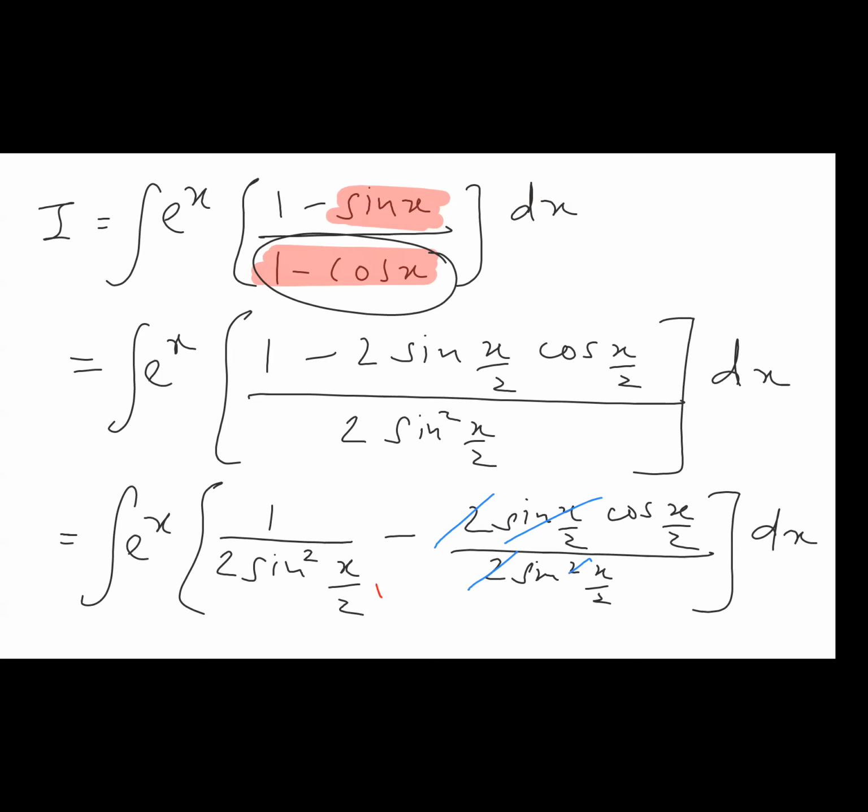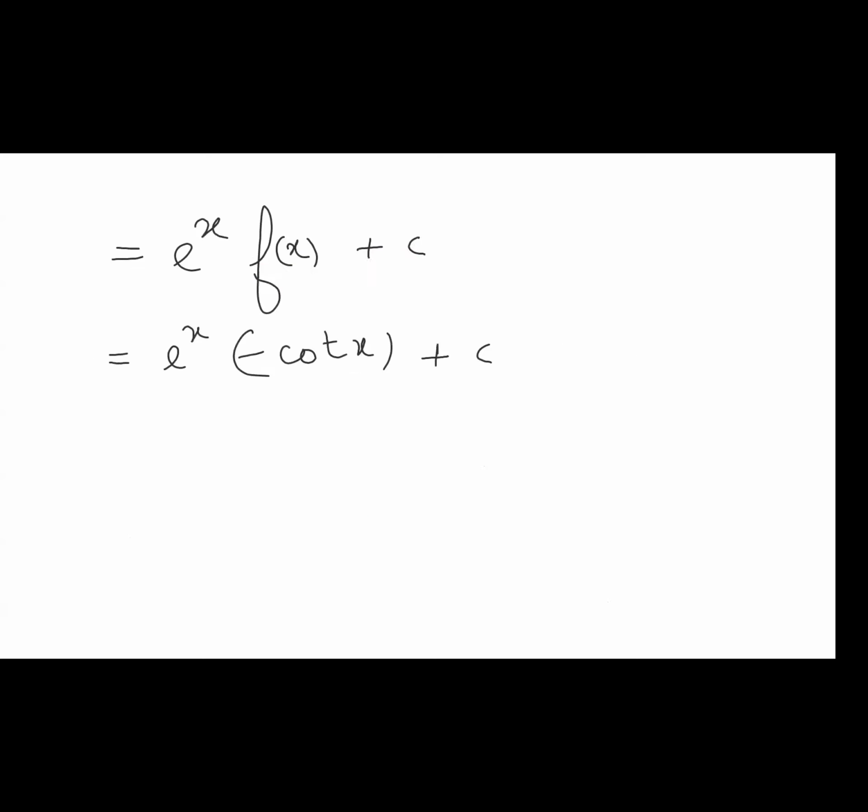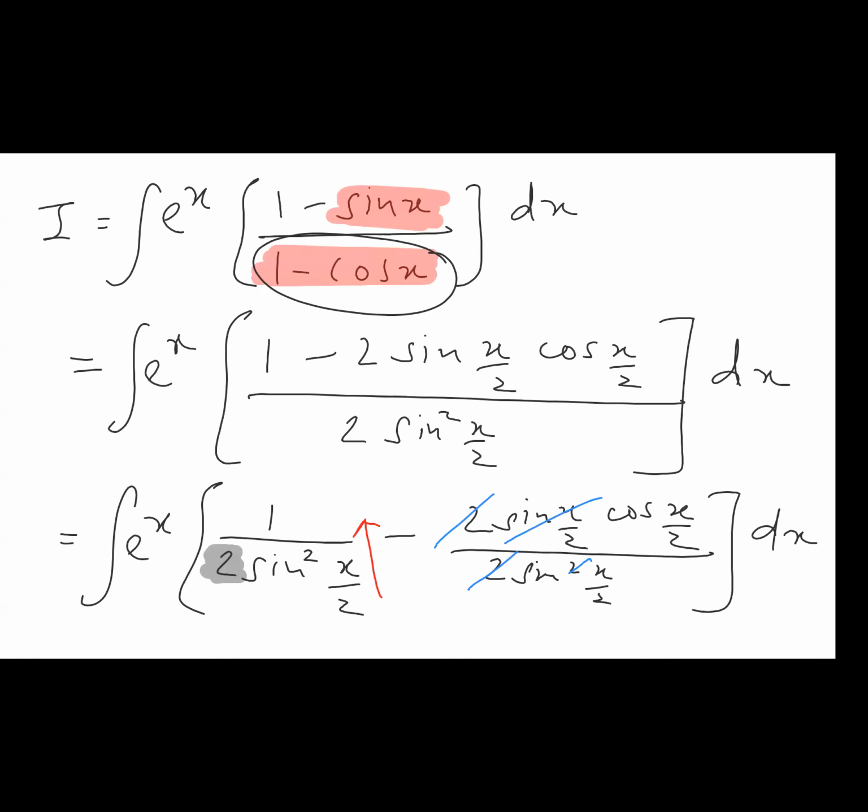Sin square goes up, so it will be cosec square x by 2 upon 2, and this 2 will remain in the denominator. I'll show you the slide once again.